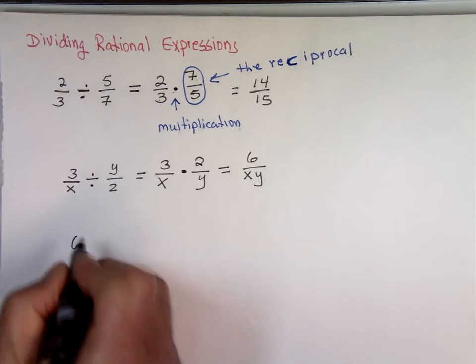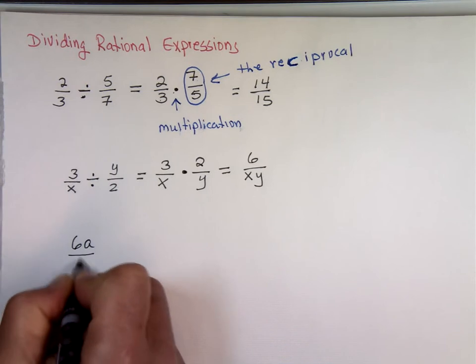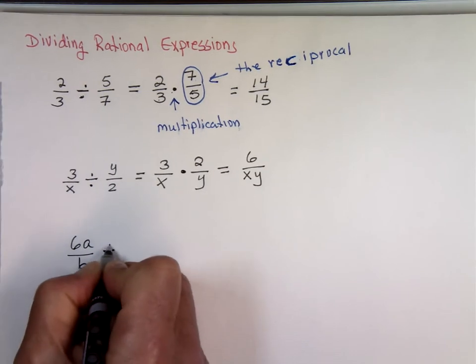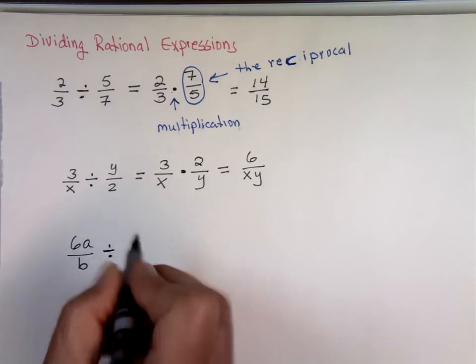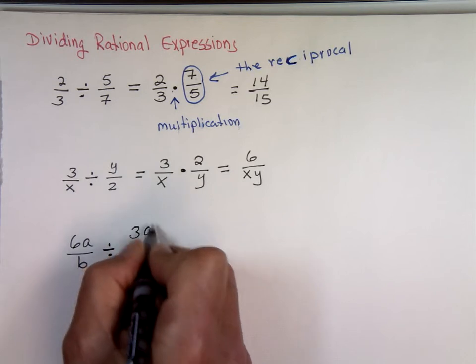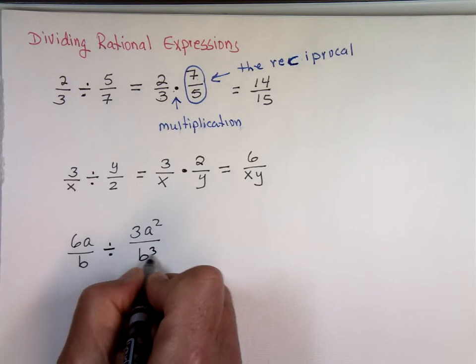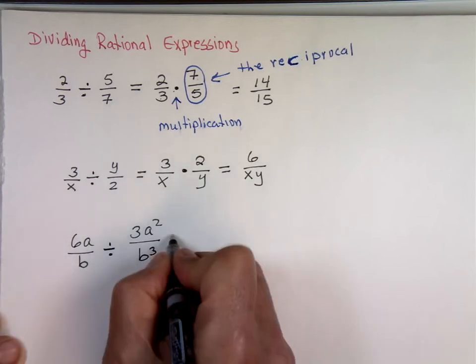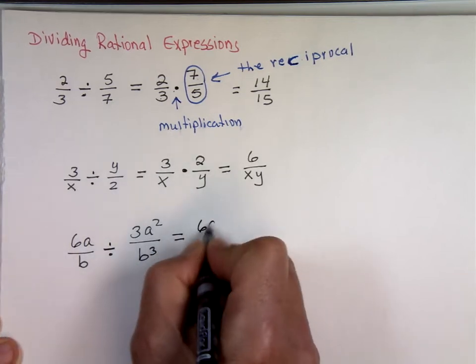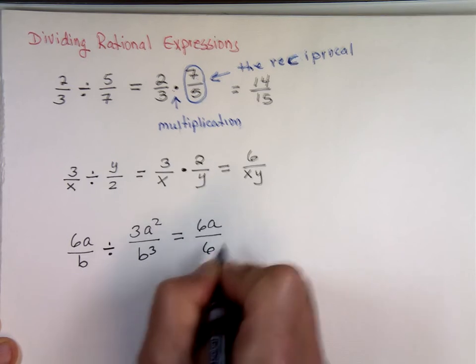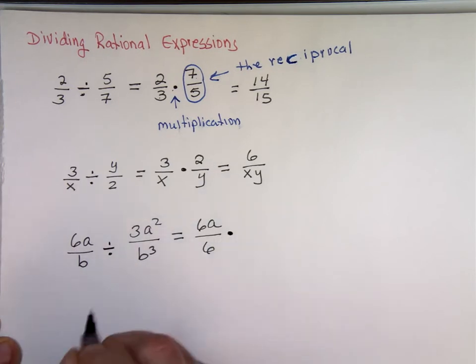Six a over b divided by 3a squared over b to the third. Leave the first one alone. Change it to multiplications. Flip the second one.